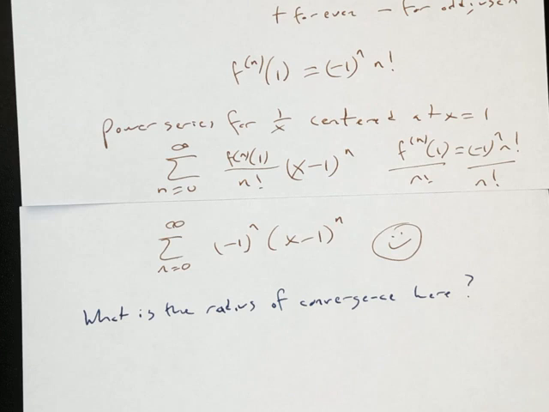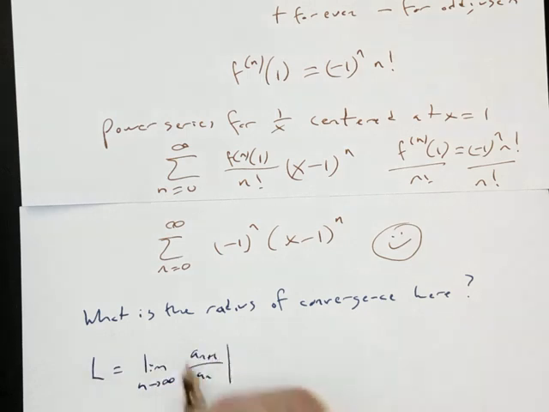Out comes the ratio test. Now, fortunately for me, this particular a_n is fairly simple.